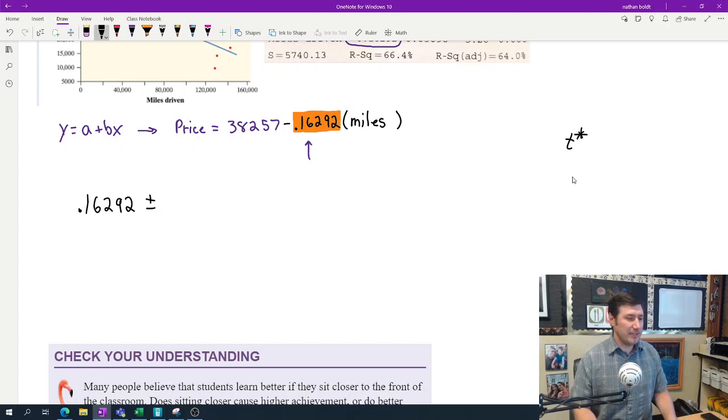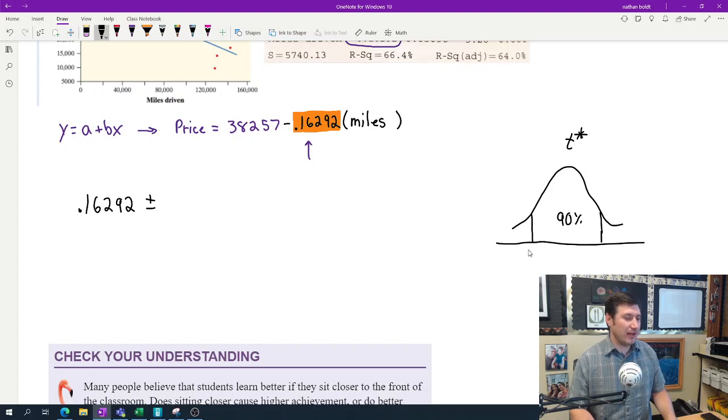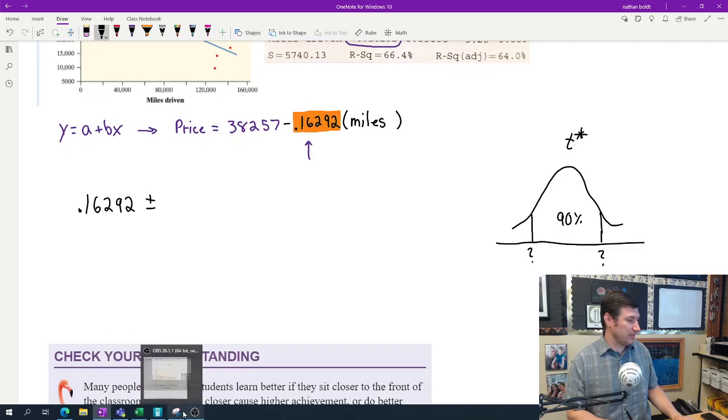So if you remember the t star, it looks pretty normal. But I want a 90% confidence interval. So I know the area is 90%. I need these boundaries, which is why this is an inverse t, right? So inverse t.